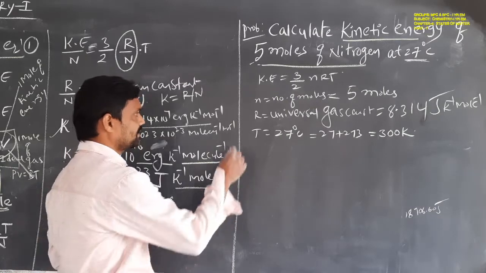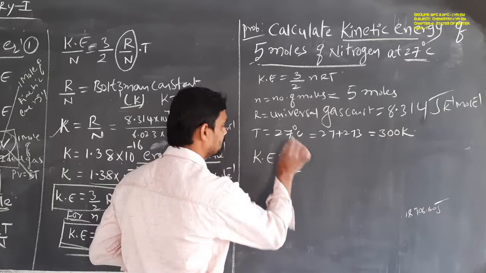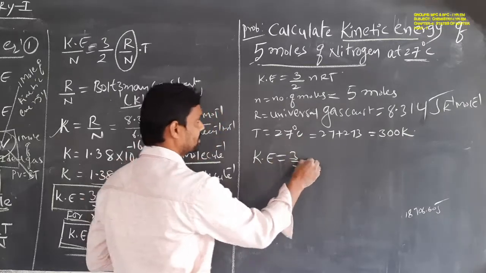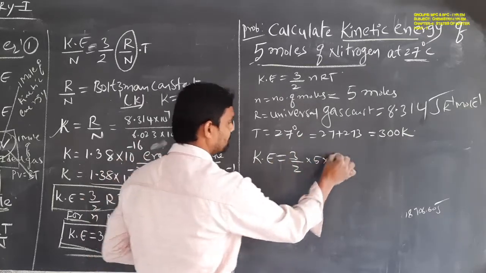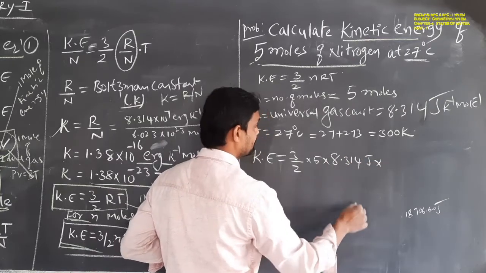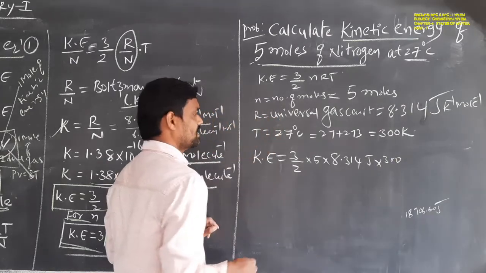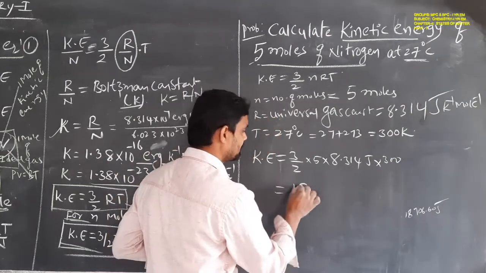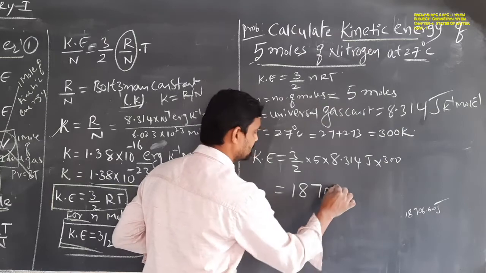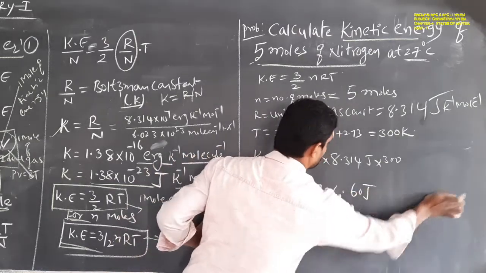All values are substituted in the equation, that is KE is equal to 3 by 2, n means 5 moles, R means 8.314 joules, into T means 300 Kelvin. On simplification, finally we get 18706.60 joules.